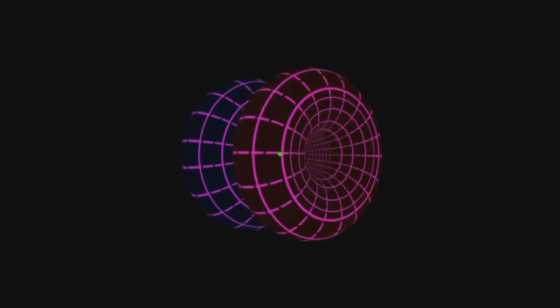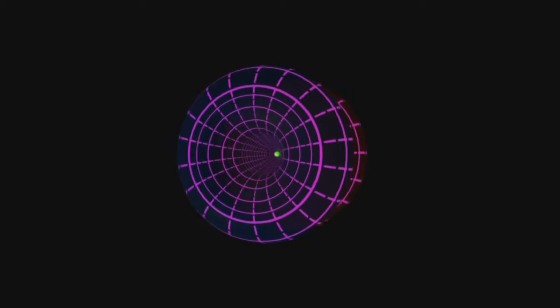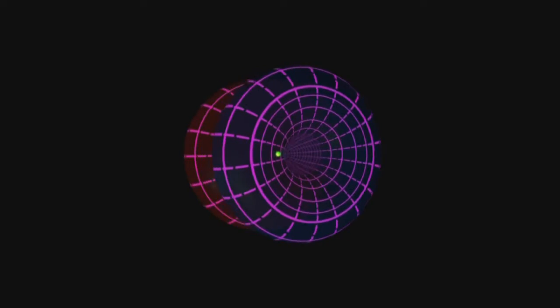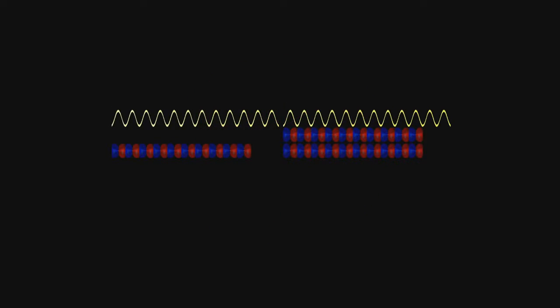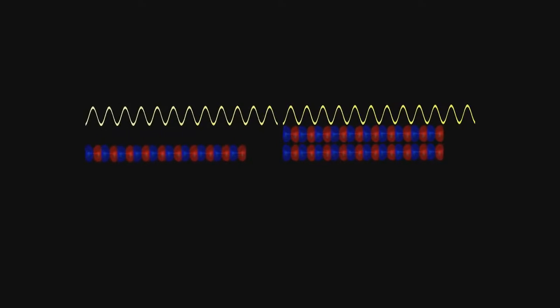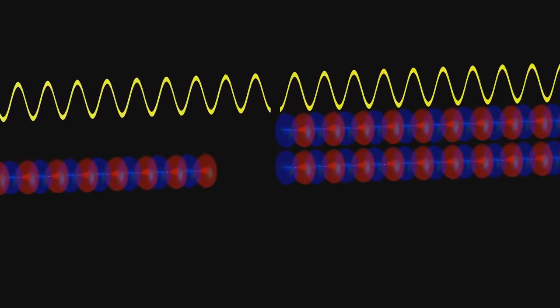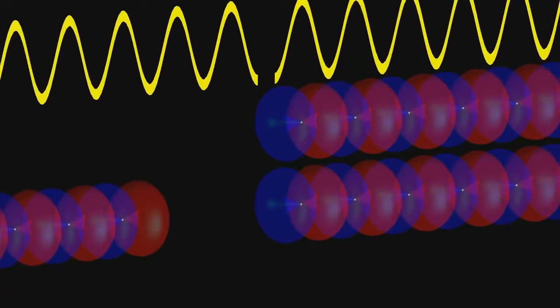Again, we see that the fields around a photon are of opposite polarity. Here we have some rows of photons aligned with their corresponding waveforms.